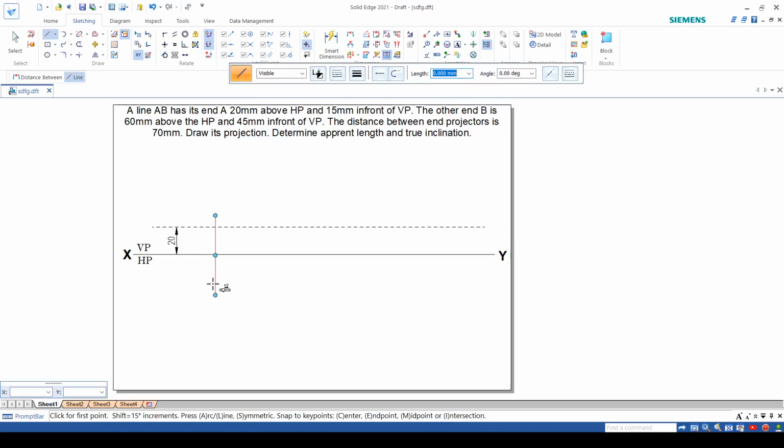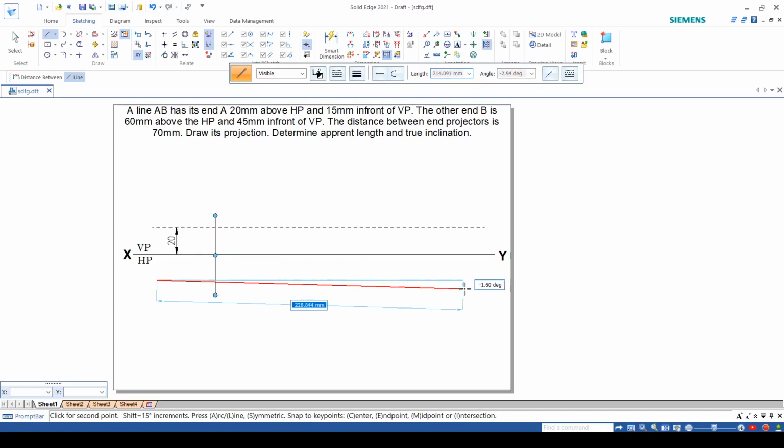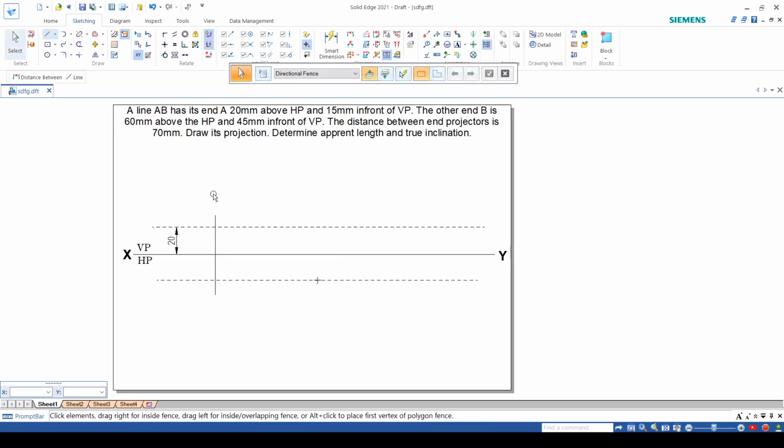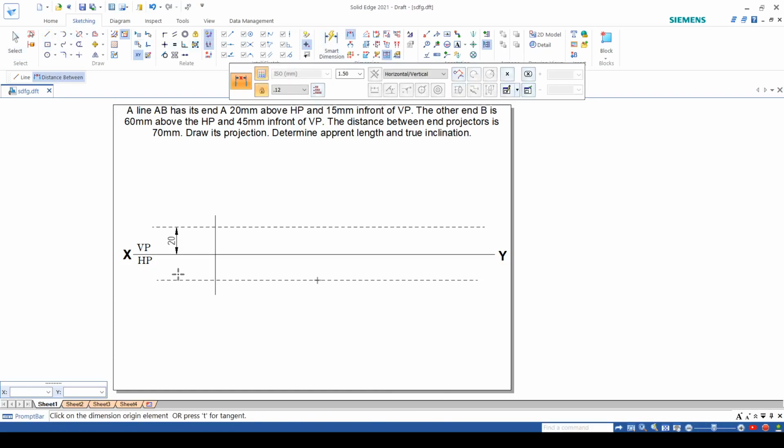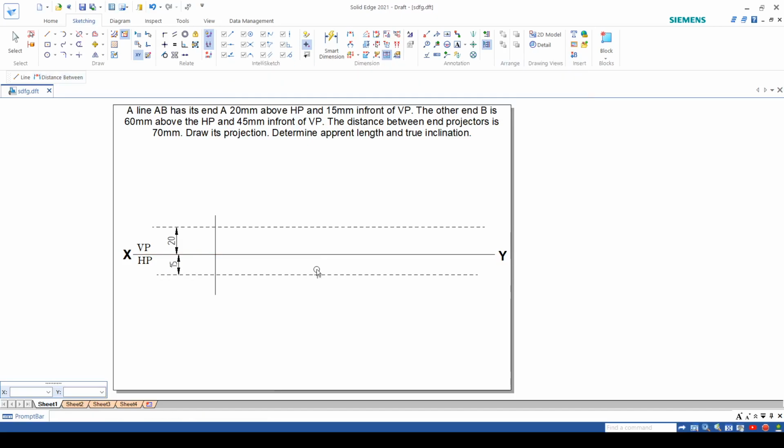But since I have the PC, it would measure the length, so after making this I just set the distance to 15 mm.